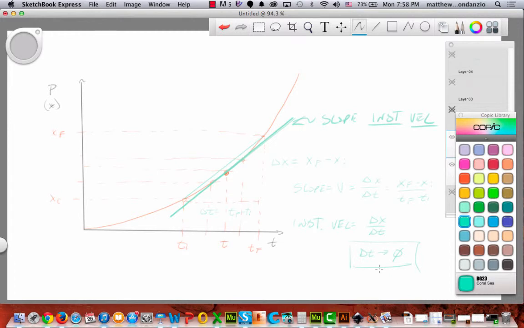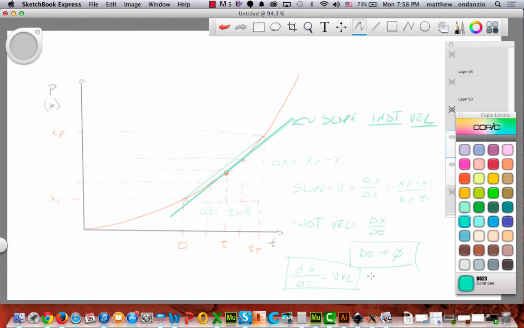For your non-honors folks, you don't need to necessarily worry about this portion, but for what I'm about to say, you honors folks, you need to. This is where we're talking about derivatives. I'm taking my delta x, and as my delta t approaches 0, I'm getting into derivatives. The derivative of x, dx/dt, is my velocity.